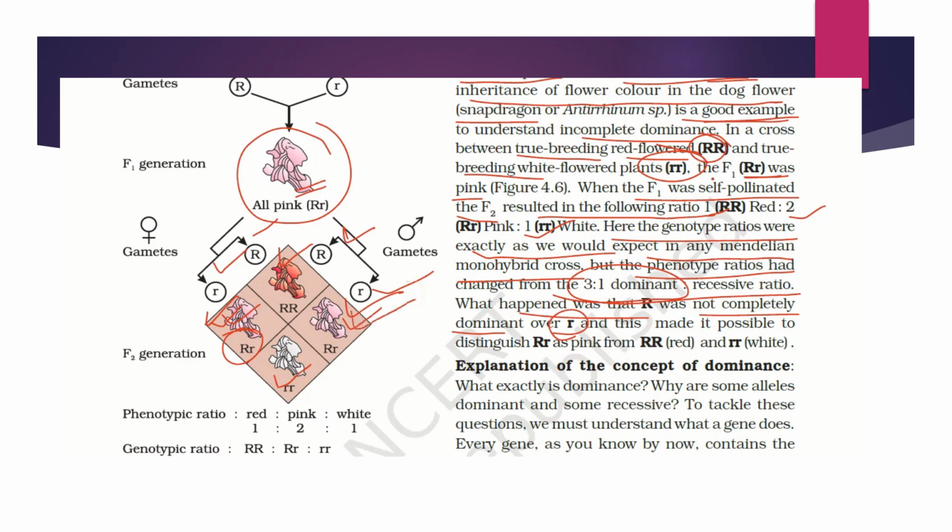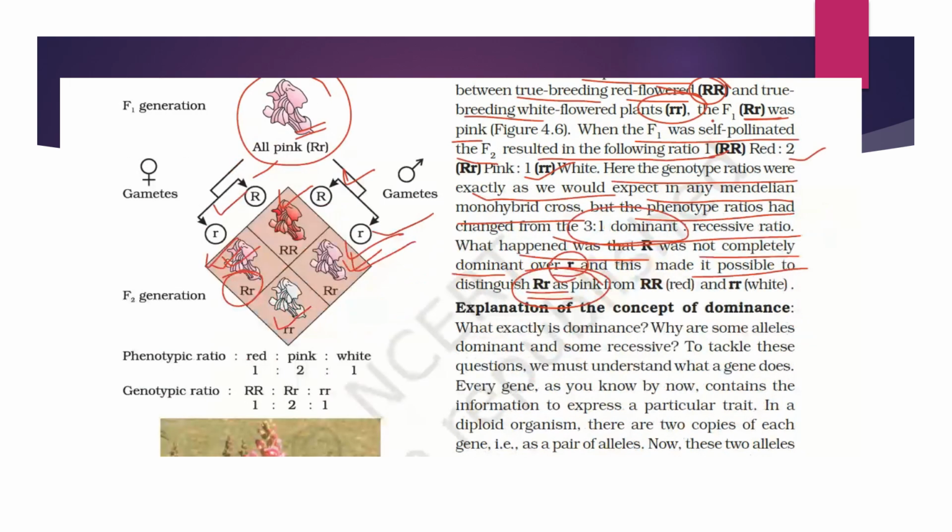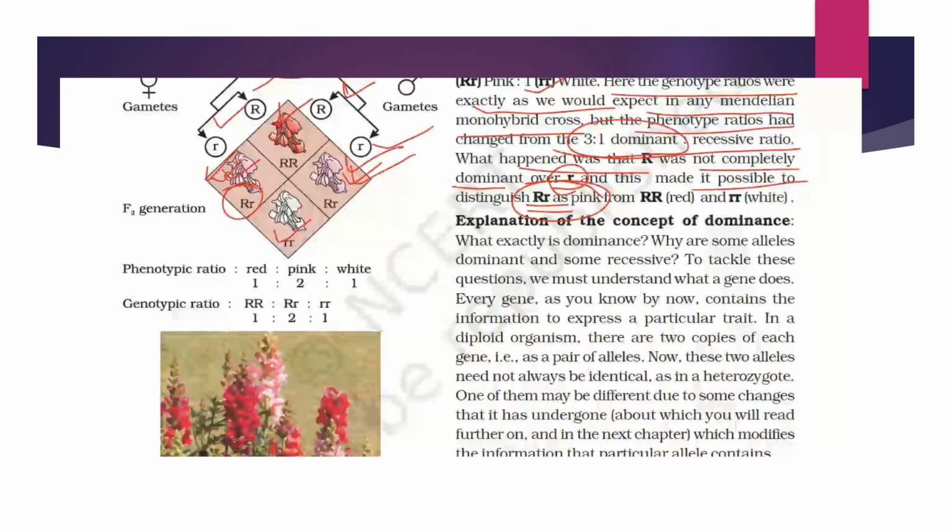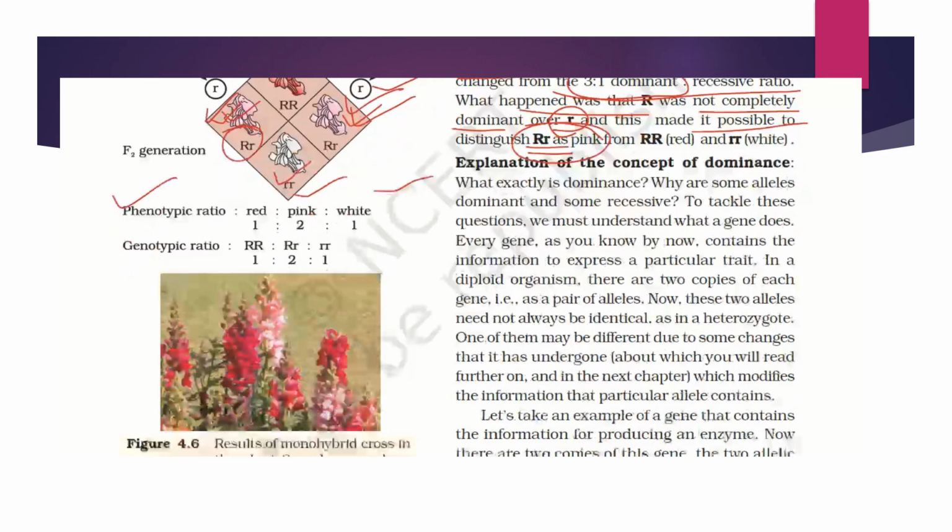It was not completely dominant over r, which made it possible to distinguish between Rr as a pink flower. But according to Mendel, the dominant character will always be visible. It is not happening here. It is showing another color, that is a pink color. Okay, so the phenotypic ratio here is 1:2:1, and the genotypic ratio is also 1:2:1.